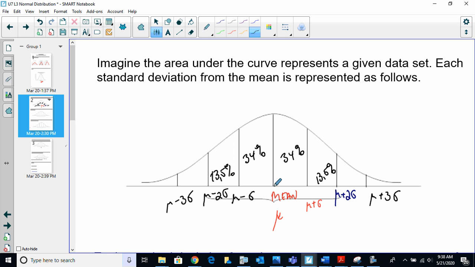And the last part of it is about 2.35% of the data, 2.35%.